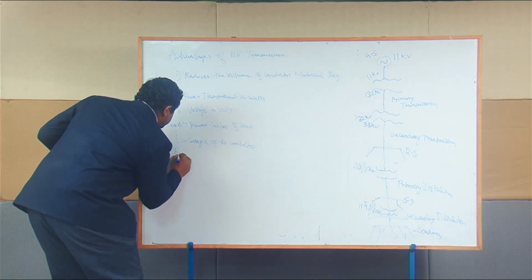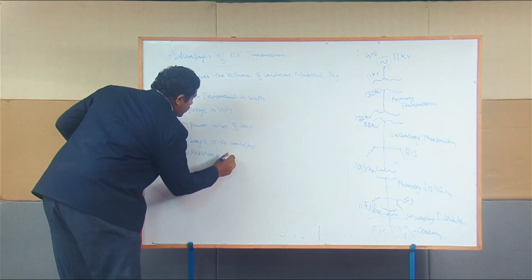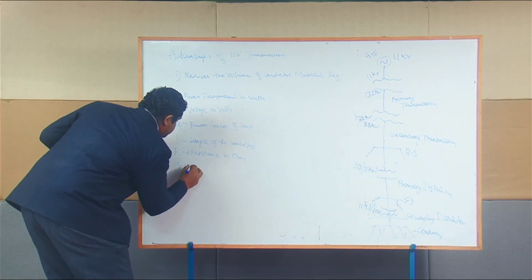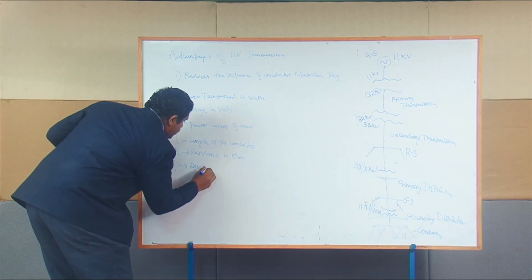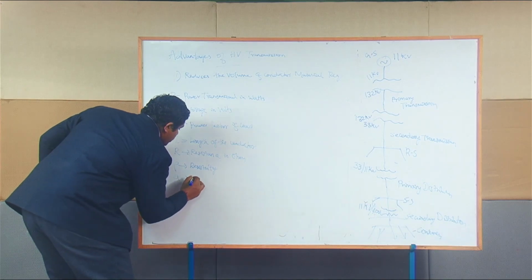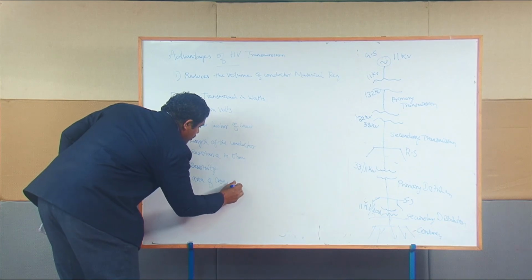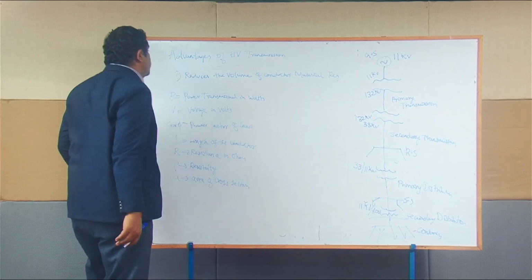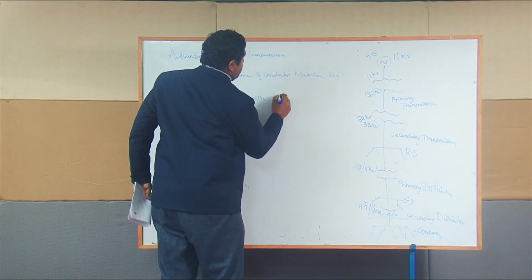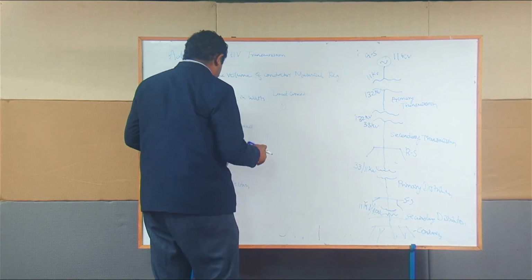R is the resistance in ohms. Rho is the resistivity, and A is the area of cross section. While substituting the values, the first thing is the load current, which is represented by the term I.